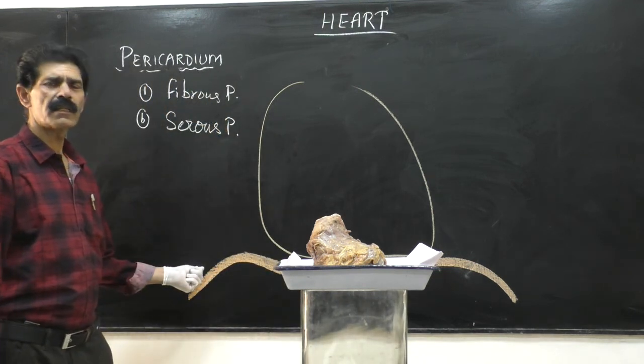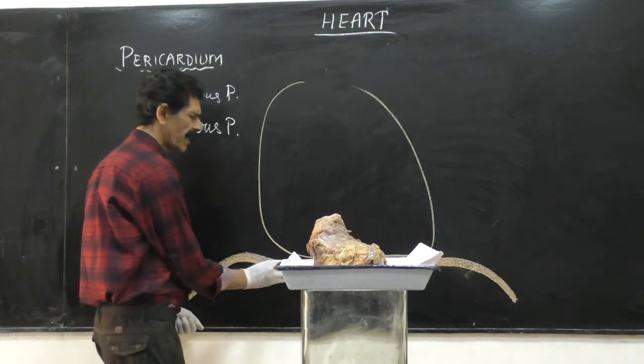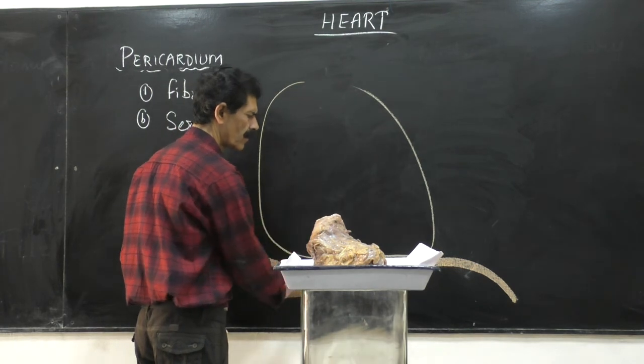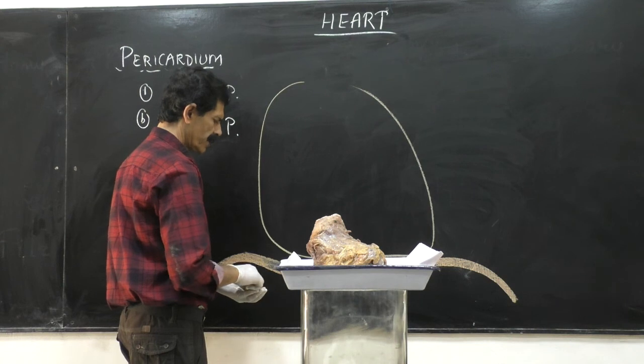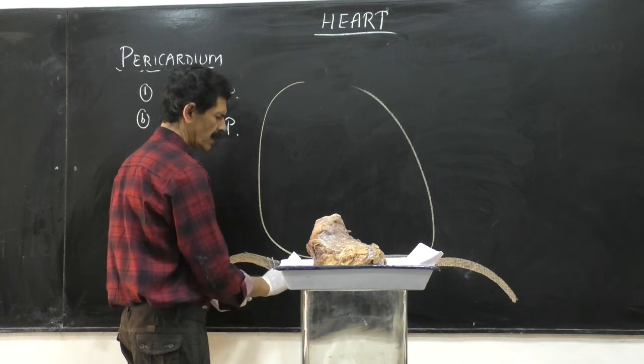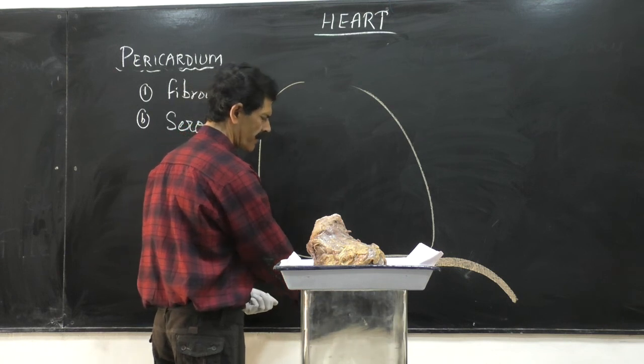It is muscular at the peripheral part, but the central part, where the heart is resting on it, is called the central tendon of the diaphragm.